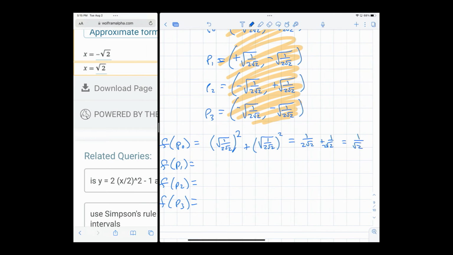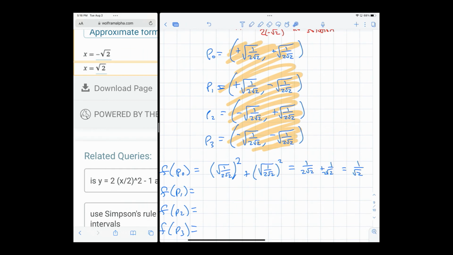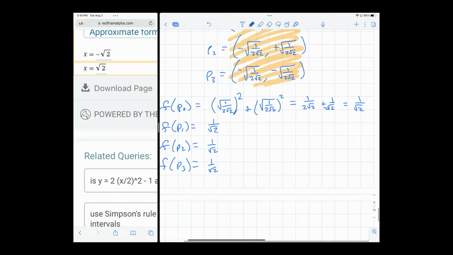And it doesn't matter about these little pluses and minuses, because when you square it, the minus is going to go away. So I think these are all the same value. Okay, and I'm going to punch that into a calculator.